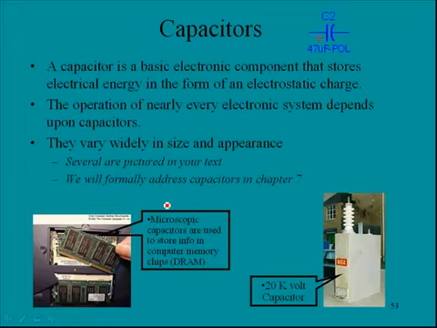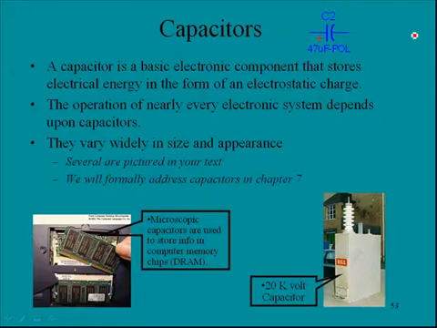Capacitors. To the right here is a schematic symbol for a capacitor. A capacitor is a basic electronic component that stores electrical energy in the form of an electrostatic field.